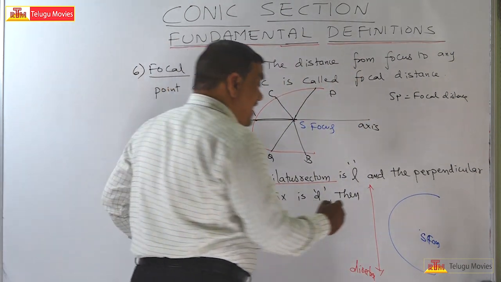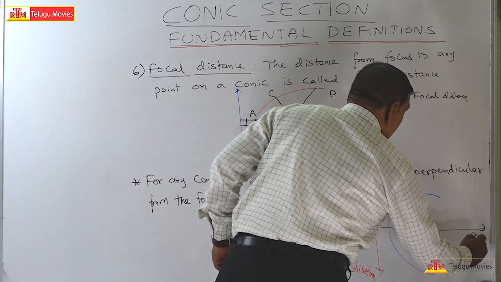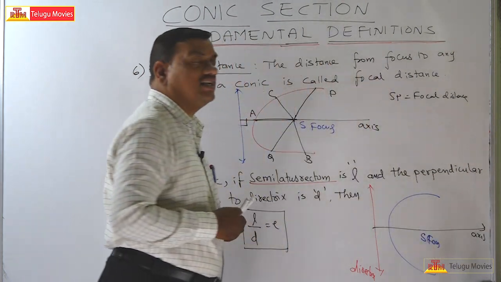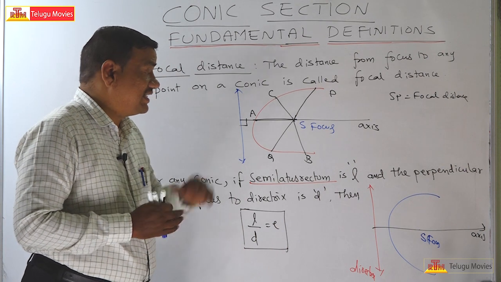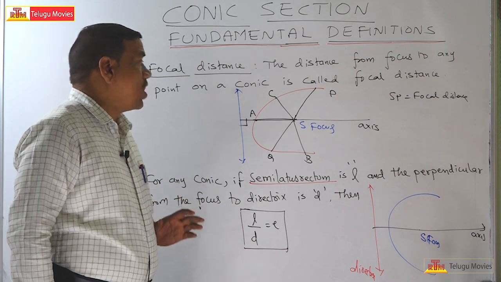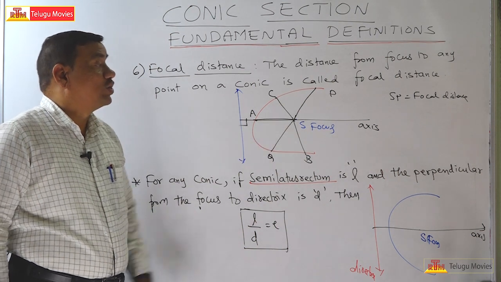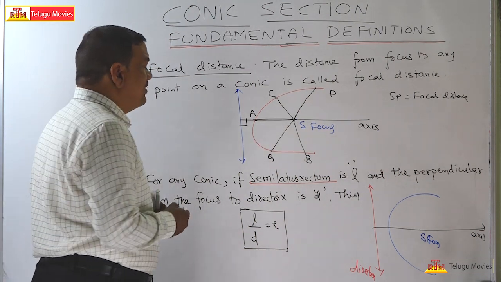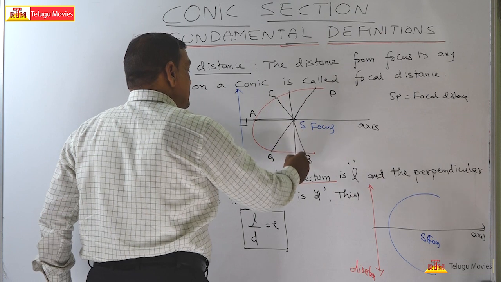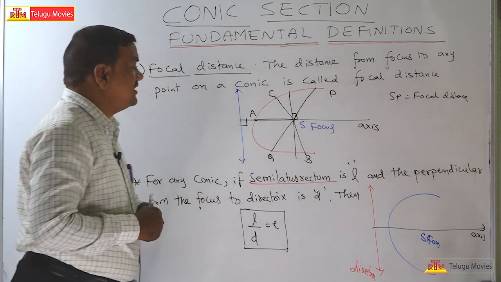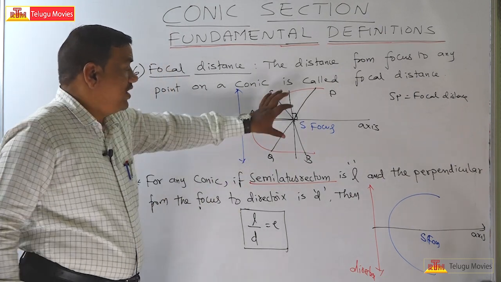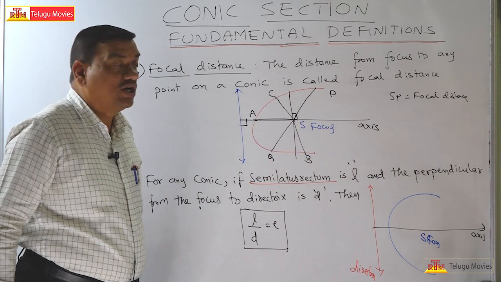This is the axis of the conic. Let us take the latus rectum. The latus rectum is a focal chord. We can say that the latus rectum is a focal chord perpendicular to the axis. So one more definition we get: the latus rectum is a focal chord which is perpendicular to the axis.